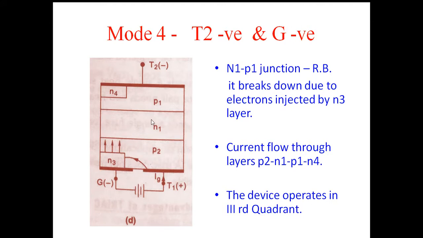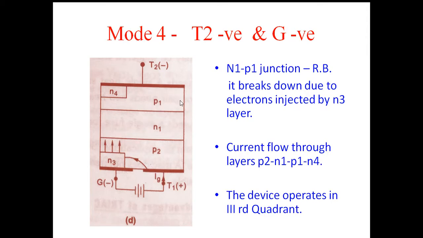Whenever we connect the supply, as T1 is more positive, the current will flow from P2 to the N3 layer, and this N3 layer will inject electrons into the P2 layer. This will further move into N1. If the gate has sufficient capacity, the electron density will be more, and it will further move into the N1 region.